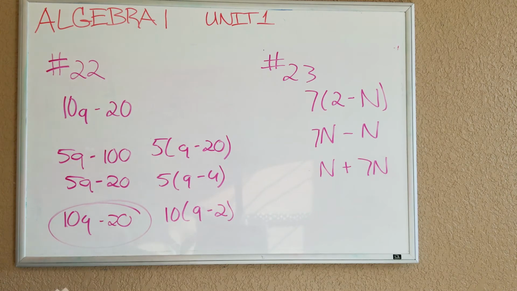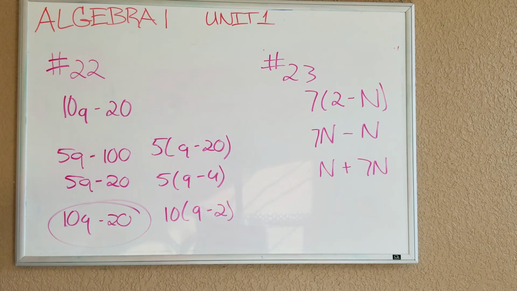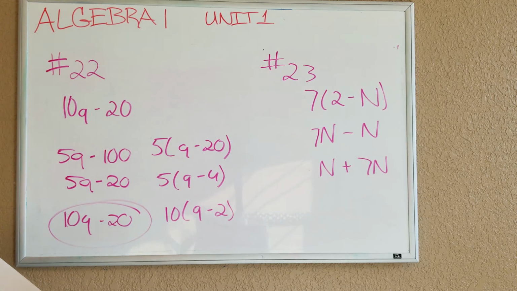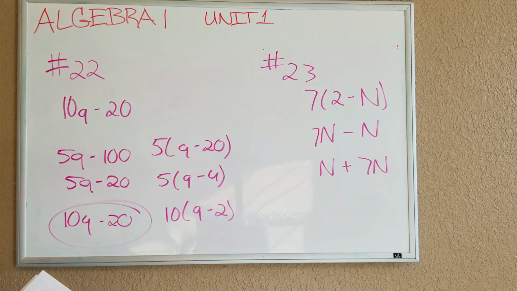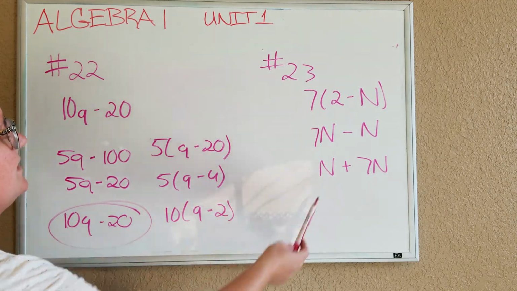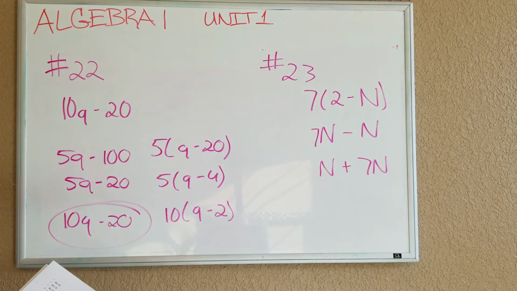Number 23, they want you to tell them what is the expression for the sum of a number and 7 times that same number. So your key word here is sum, so it's going to be addition, and it's a number, so they don't tell you what number. So they are calling it n in your choices here.